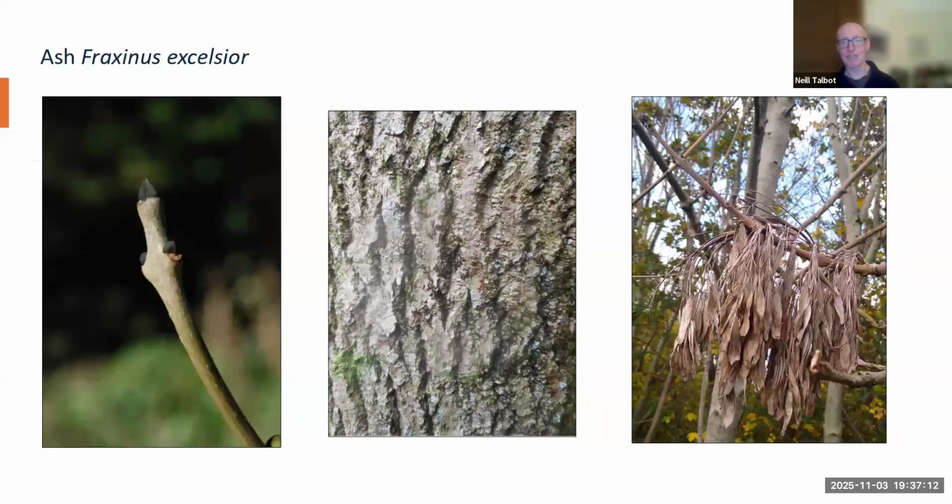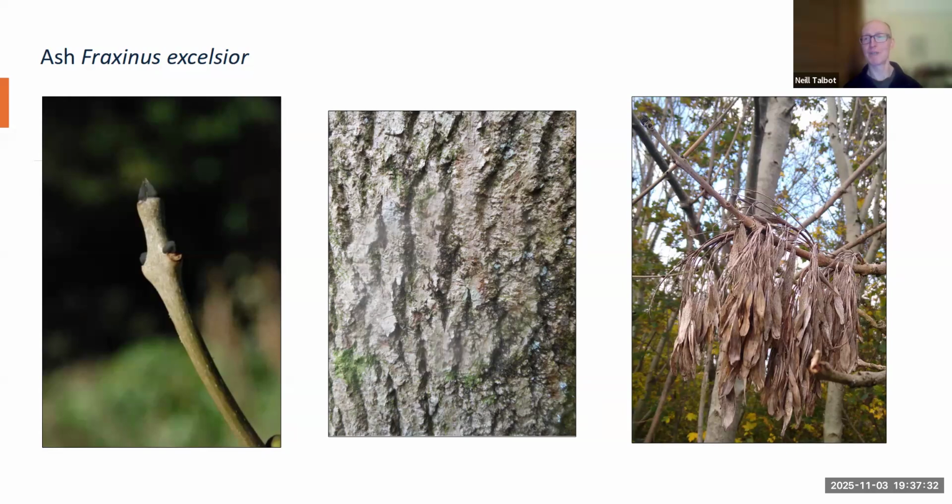The picture in the middle shows the bark, which I talked about a bit already, that it does become quite grooved and fissured as it gets older. Probably not quite as much as an oak tree might, but it is quite distinctive.